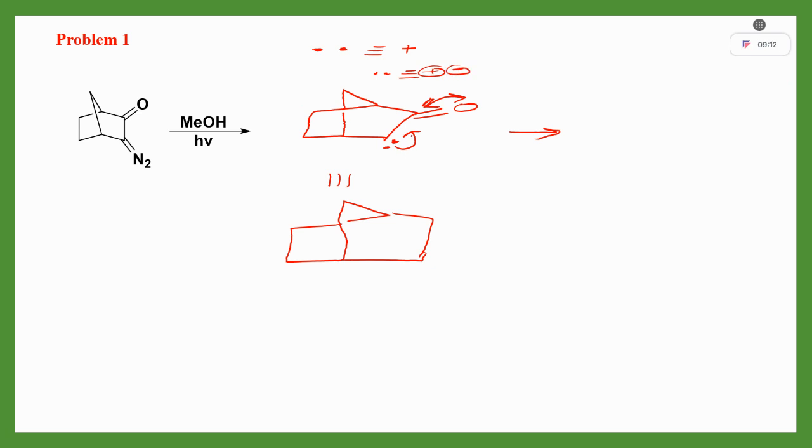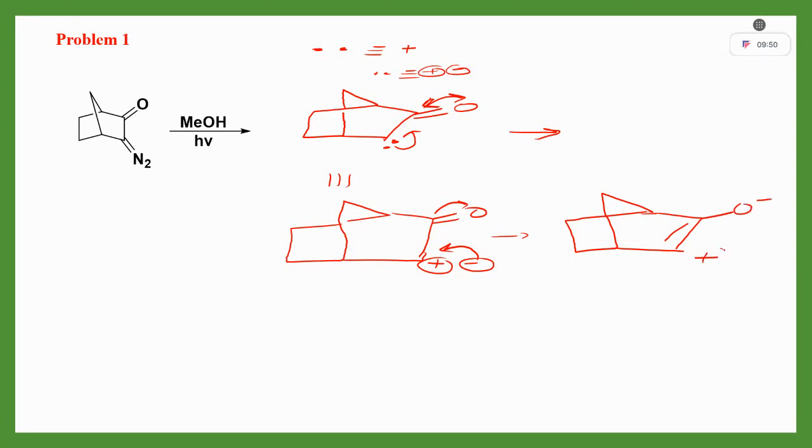So once the negative charge goes there, O negative will come, but the positive charge will still be there. Why? The negative charge has gone, but the positive charge is there. Yes or no? Okay. So you can write it in this way for your understanding purposes, or you can draw the resonating structure of the alpha diazoketone and directly do it. But for your understanding, I am doing it like this. This is your O negative, this is your plus charge. Yes or no?